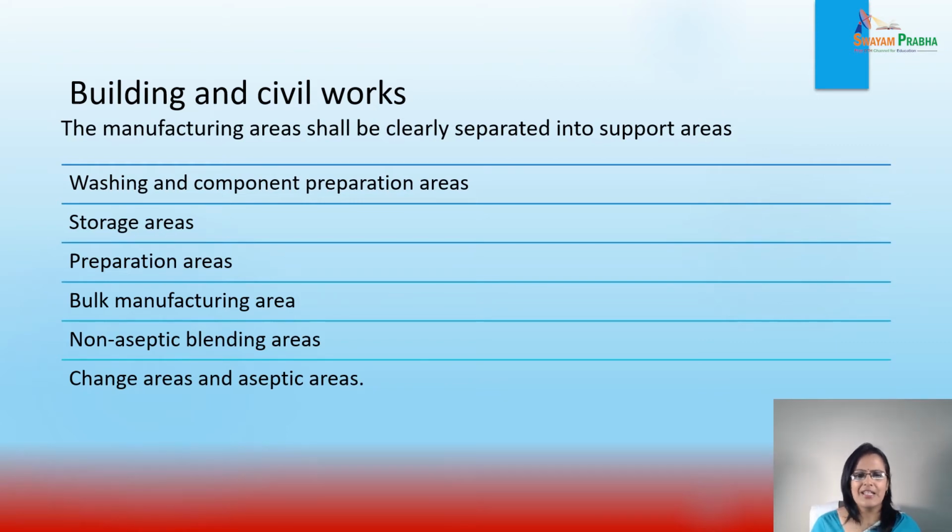Change areas should also not be very close to the manufacturing area. Operations like removal of outer cartons and unwrapping of primary material shall be done in a cartoning area, segregated from the washing area. All these things we have to keep in mind.